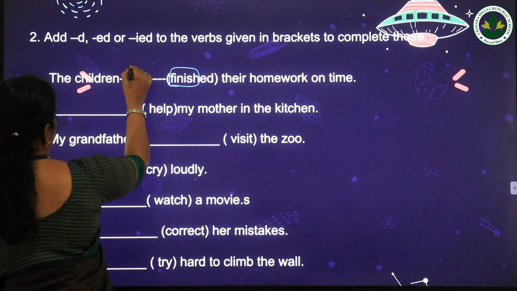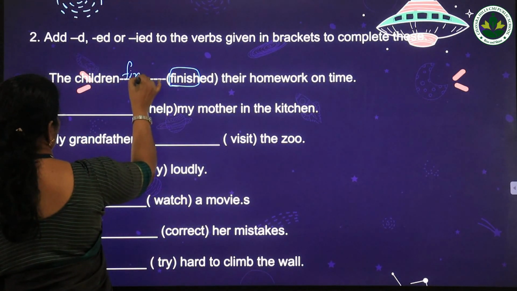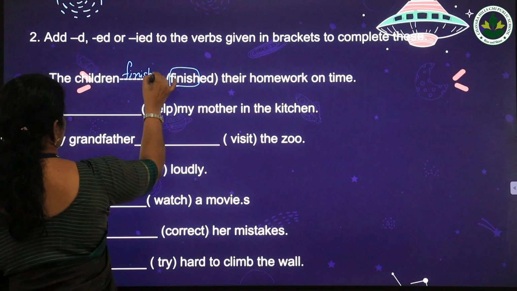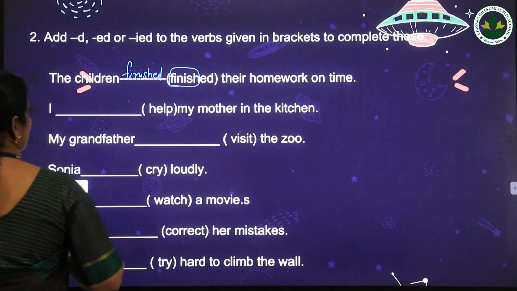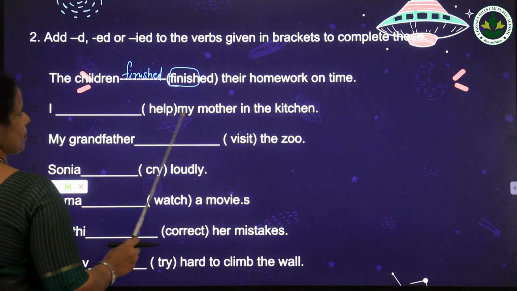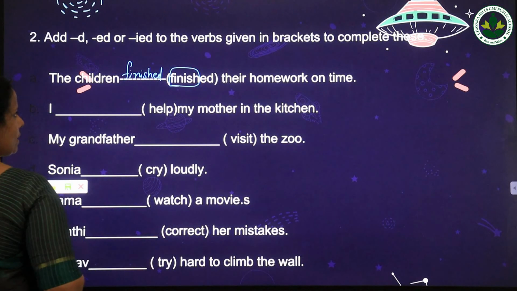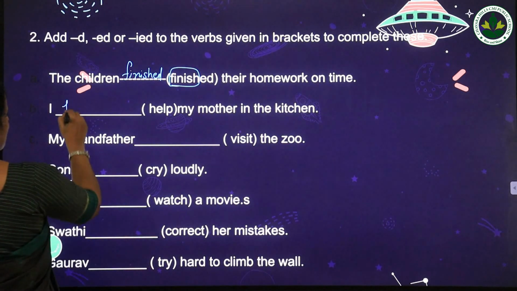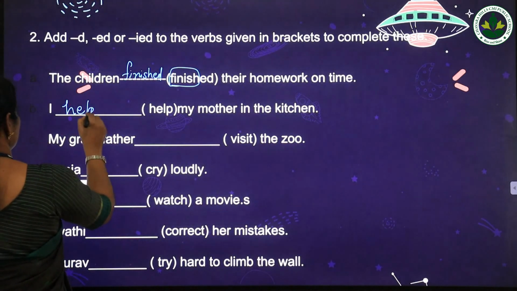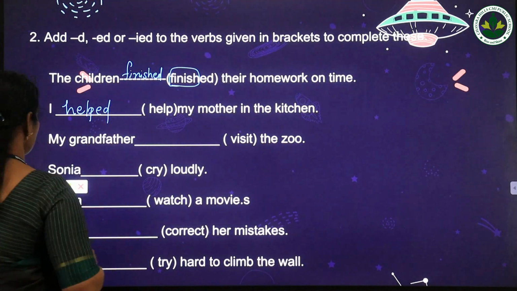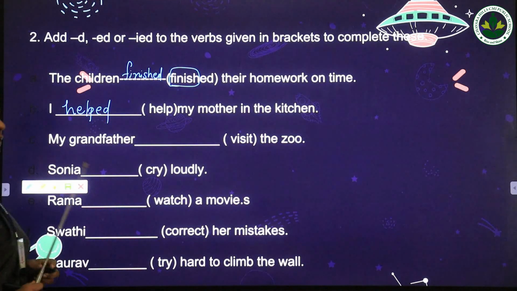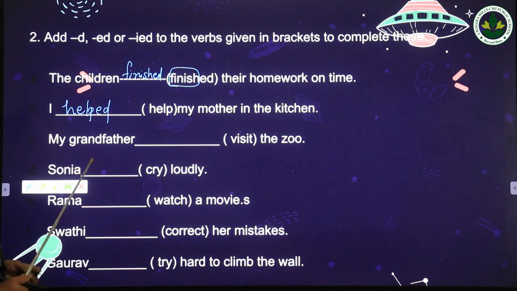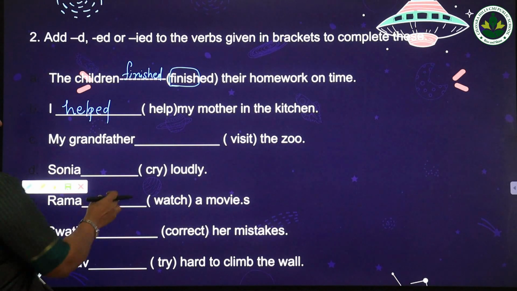So it is FINISHED, finished. Then next is I dash my mother in the kitchen. That's the past tense of help. It's helped. HELPED, helped.